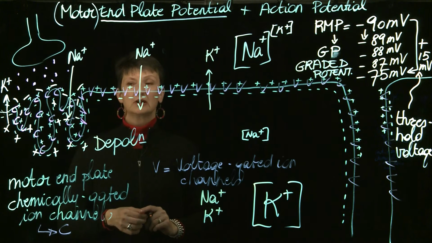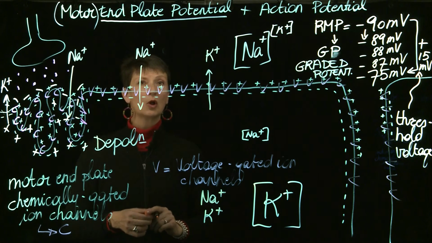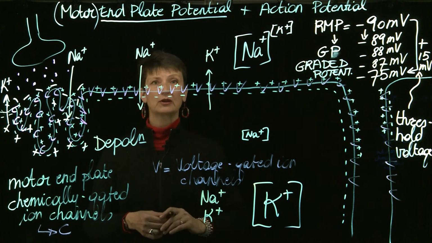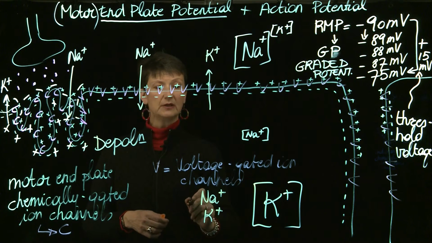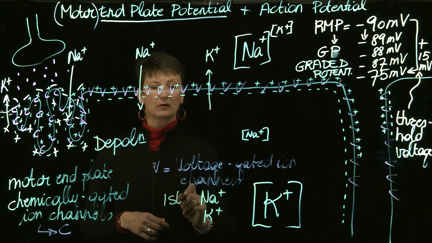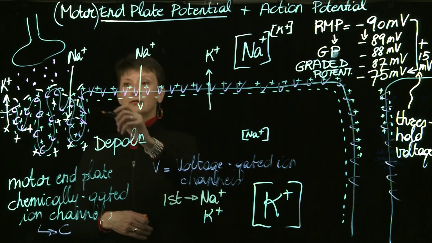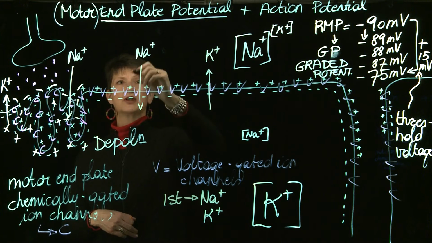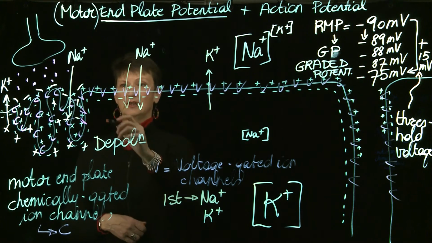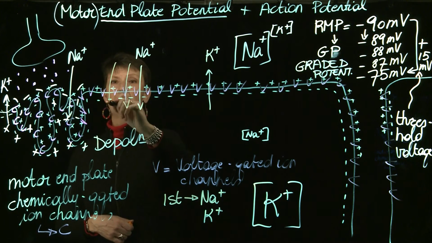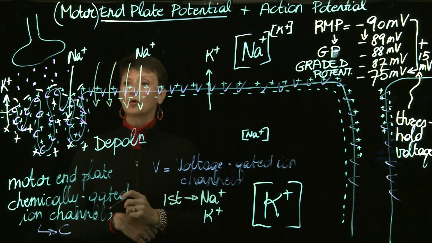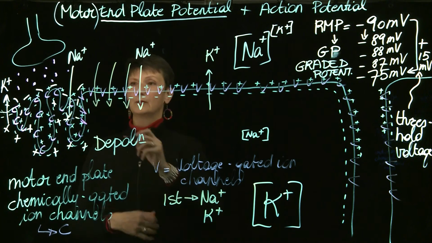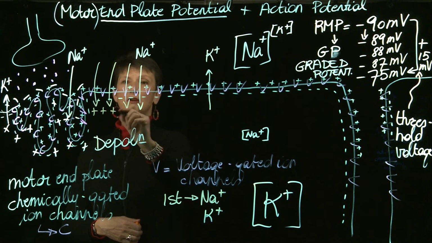The first voltage-gated channels that will open when we hit threshold voltage will always be our sodium ion channels. So the first ones that will open will be sodium voltage-gated ion channels, and sodium will start rushing in. So now we see that right next door to our motor end plate, we continue to see depolarization occurring.